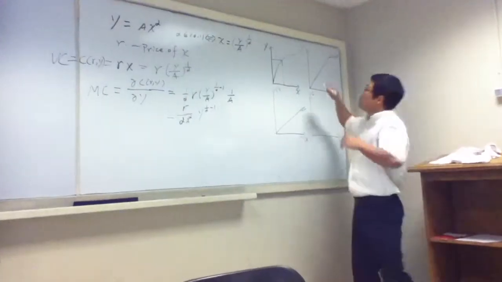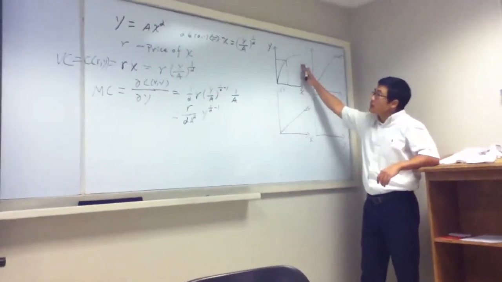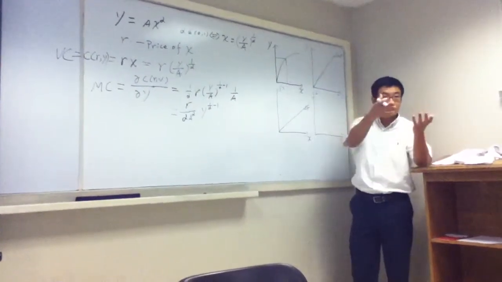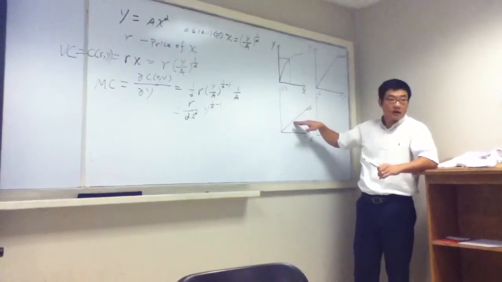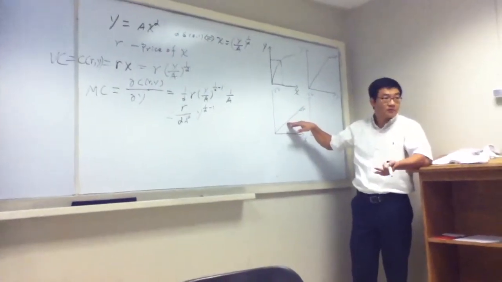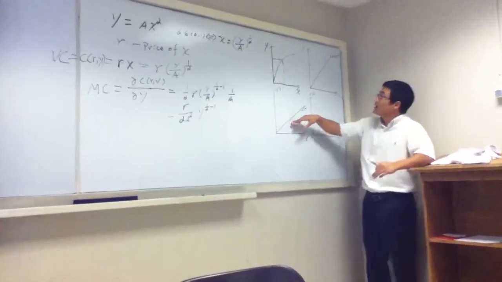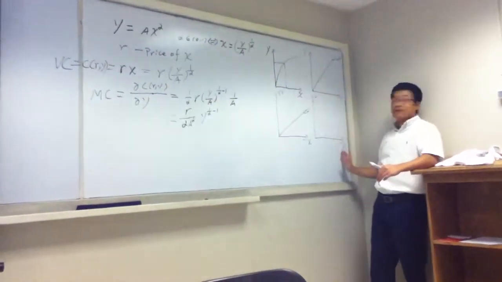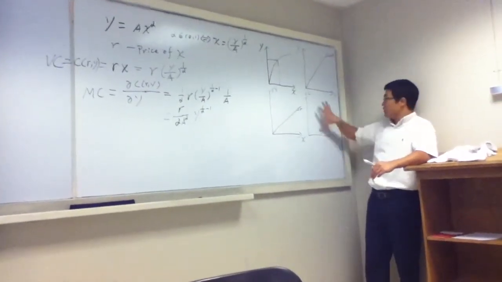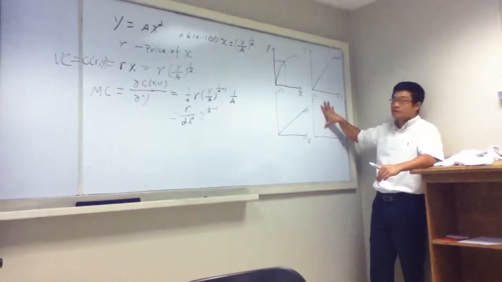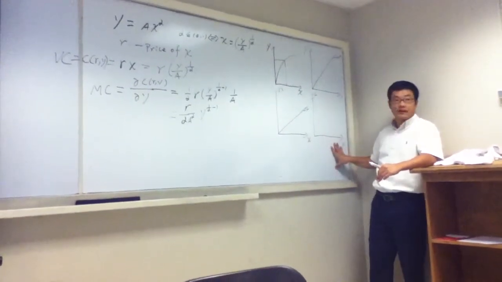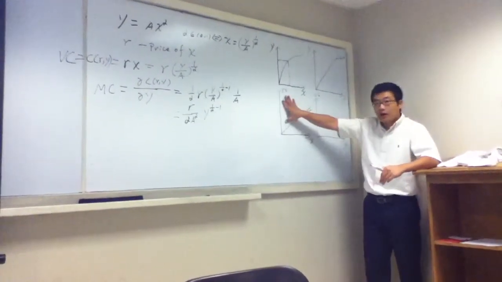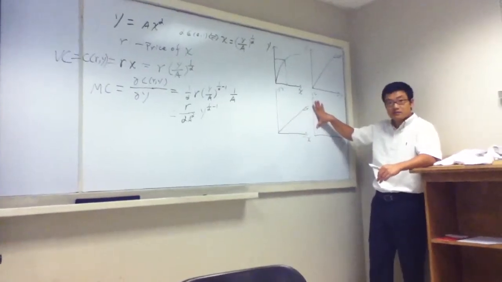So what I'm going to do is choose the output target level and try to figure out the minimum variable cost. And I'm going to plot the Y here on this diagram, on the horizontal axis, and this new variable cost on the vertical axis.